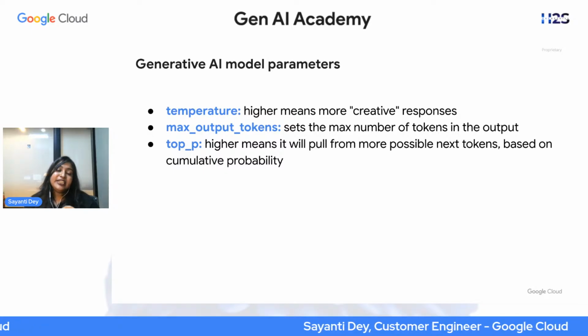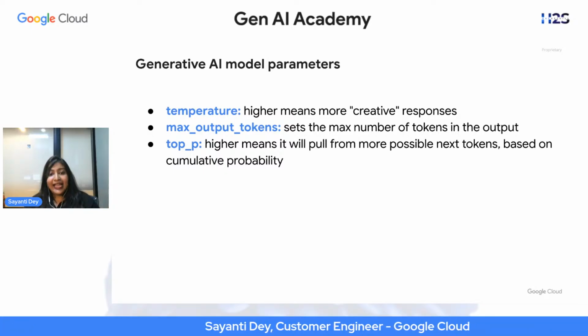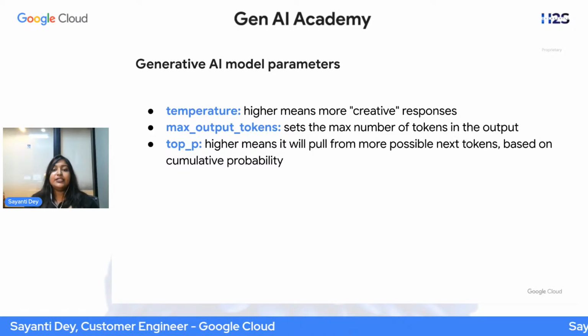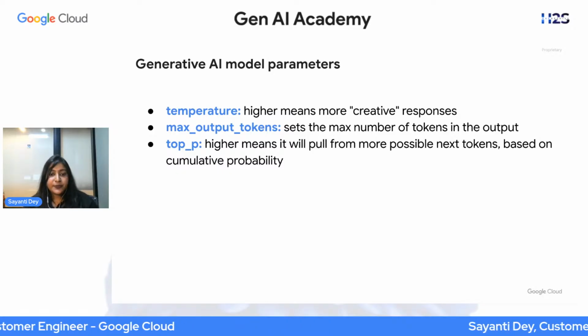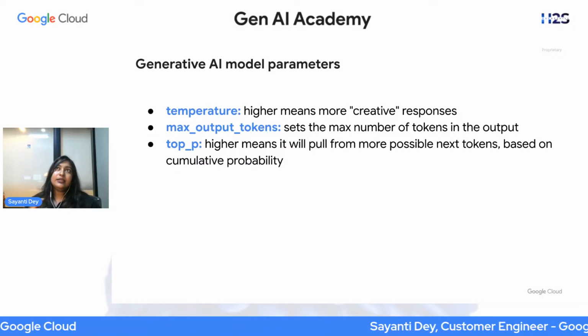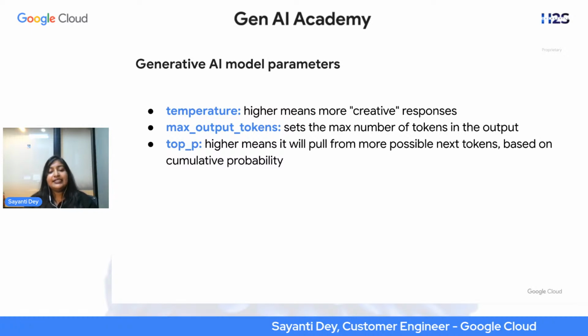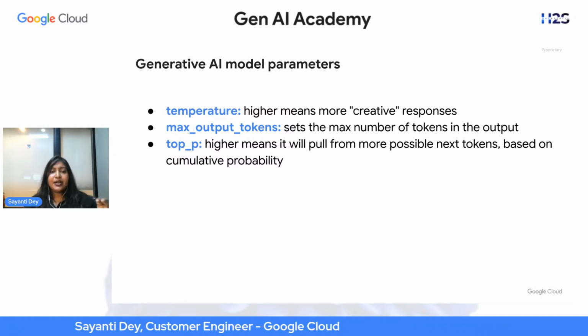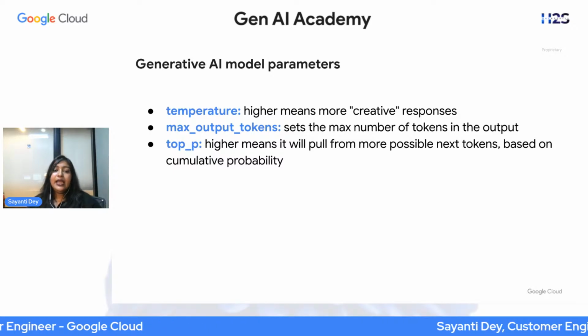The input tokens that are cached are billed at a reduced rate when included in subsequent prompts. As part of the same learning path, there's also a lab where you will be dealing with context caching.